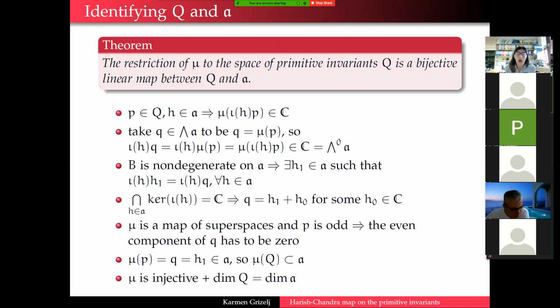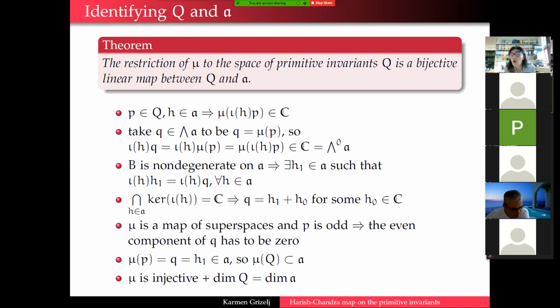And now we observe that the intersection of all the kernels of the contraction operators, well, of the elements of A, are just constants, which means that H1 and Q have to differ by a constant. In other words, Q can be written as this H1 plus some constant H0.